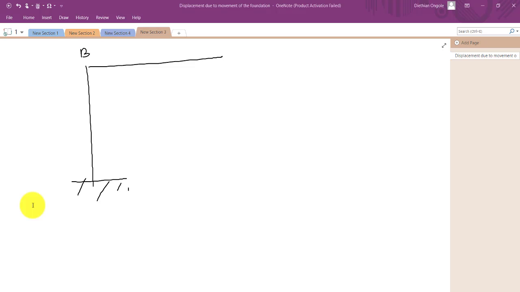So for this case, since they want the horizontal displacement, that means we've got to add a unit force that is horizontal at a point B. Let's assume that it is in the horizontal direction acting towards the right hand side. So we come and add on our unit force Fp is equal to 1.